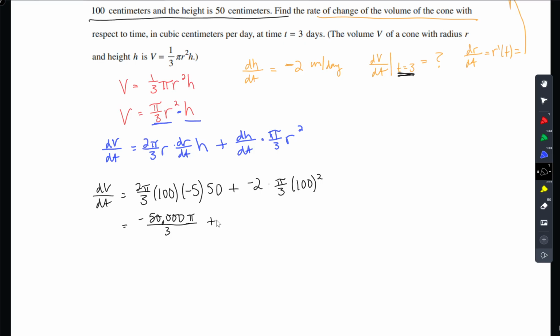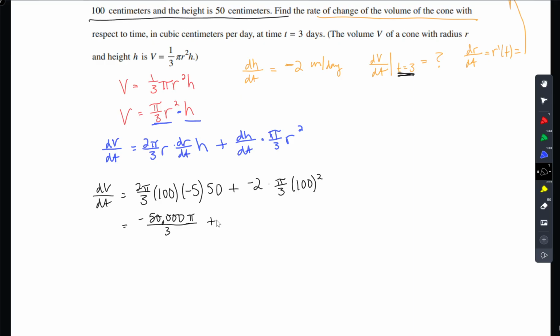So negative 50,000. How did I get that? This is negative 250 times 2, 500. 500 times 100 is 5 with 4 zeros. It's like real elementary math where you're counting zeros. Do you remember doing that? And then times pi all over 3. Then this one, 100 squared.